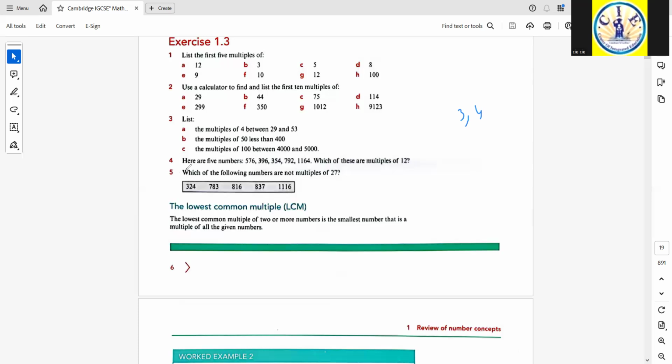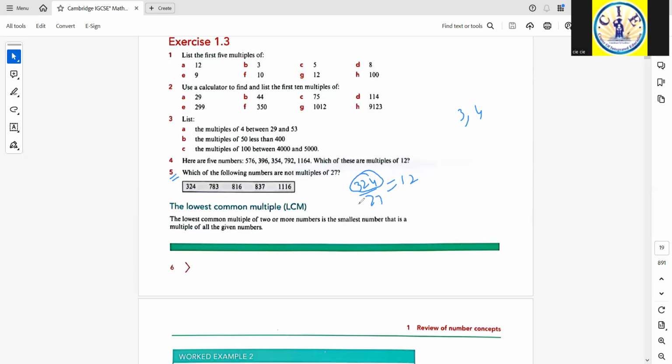For question number 5, which of the following numbers are not multiples of 27? So 324 divided by 27. The answer is 12. Yes, that means 324 is a multiple of 27.